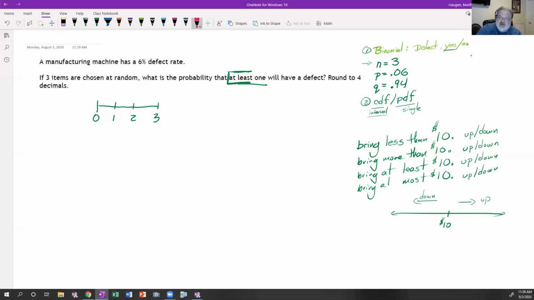Some of them express a downward one. Fair? So decide for yourself which of those statements are talking about going up the number line and which are talking about going down the number line. I'll give you a minute to do that. And do come up with firm decisions for yourself.